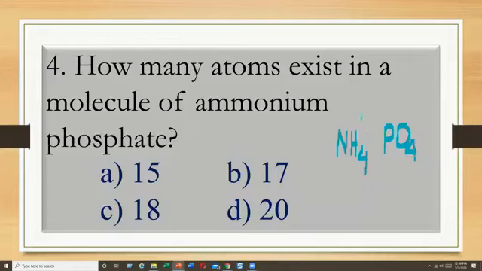So the valency of phosphate, 3, is written after ammonium. And the valency of ammonium, 1, is written after phosphate. D. Okay, the right option is D.